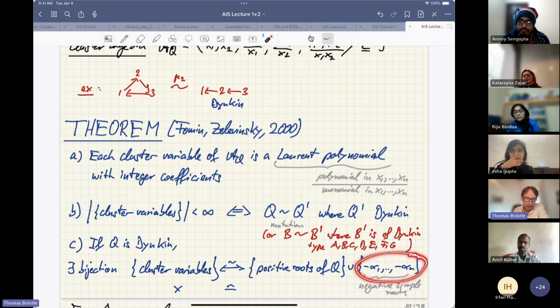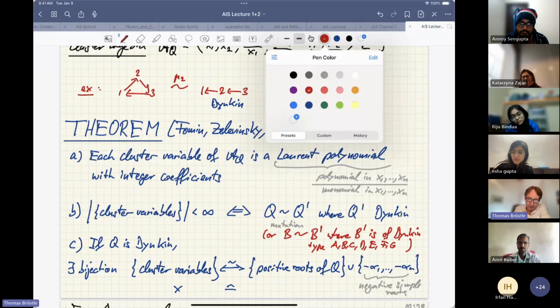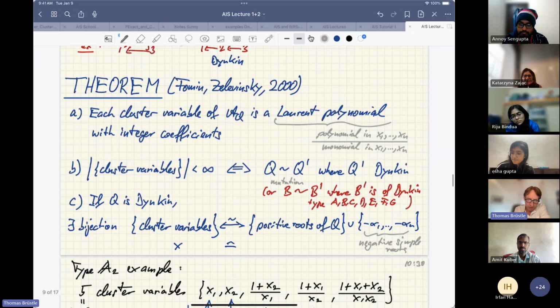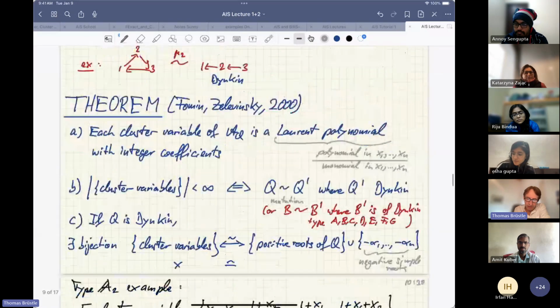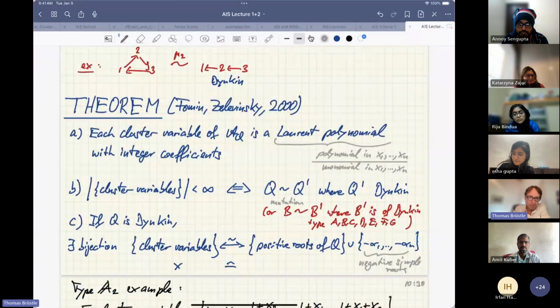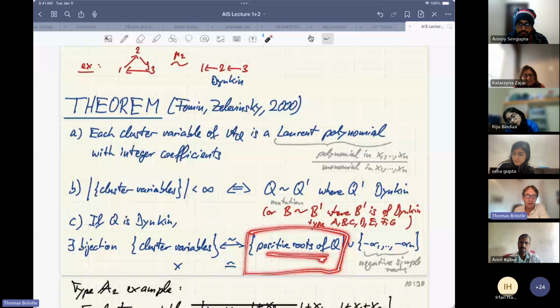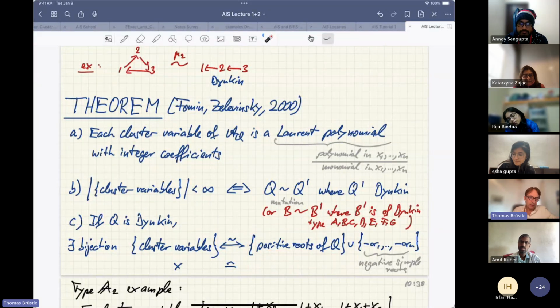So there are more cluster variables than positive roots, and in fact, we do have the initial cluster variables which correspond to those negative simple roots, and then we have the non-initial cluster variables, and they really correspond to the positive roots.